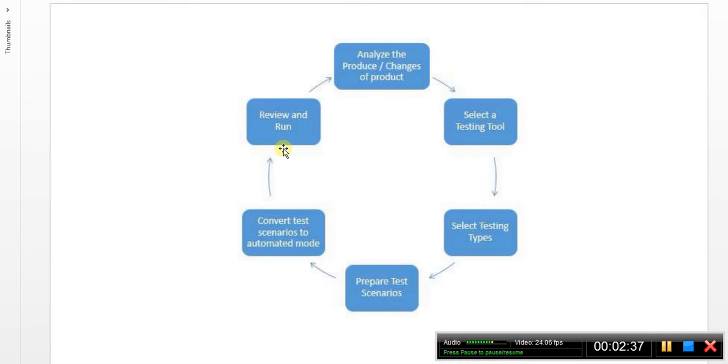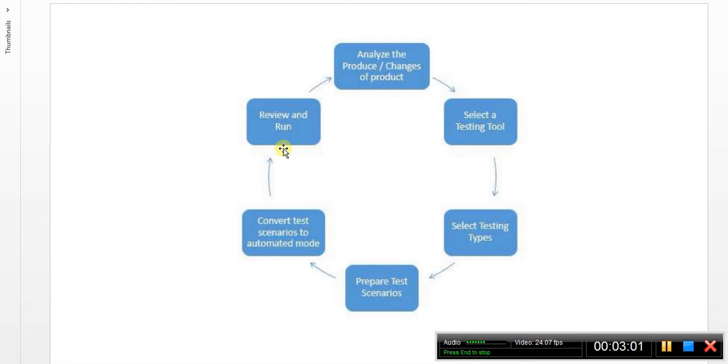This needs to be reviewed by the subject matter experts or someone who is already aware of automation testing. This cycle will continue when a change request happens in the system. Whenever the system is delivered with implementations or changes, these scenarios and test scripts need to be altered and modified.